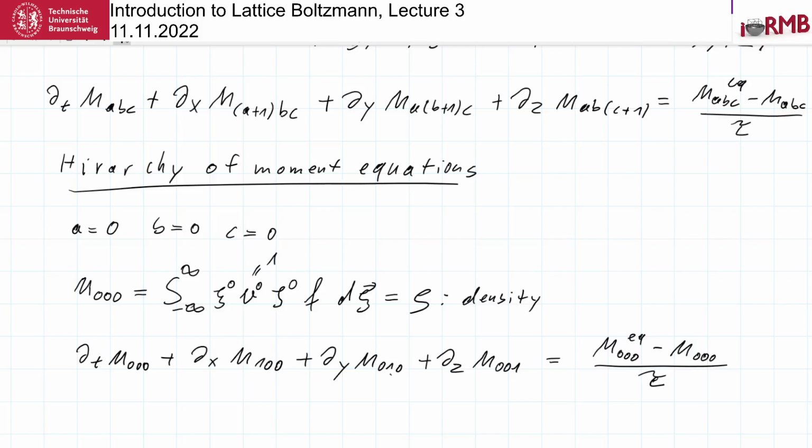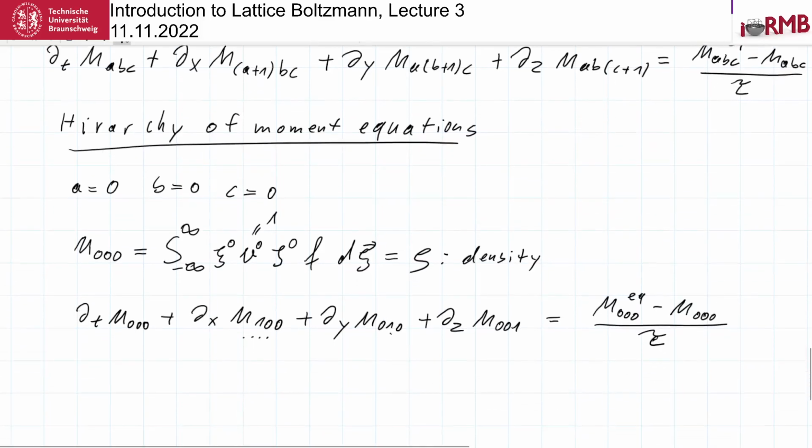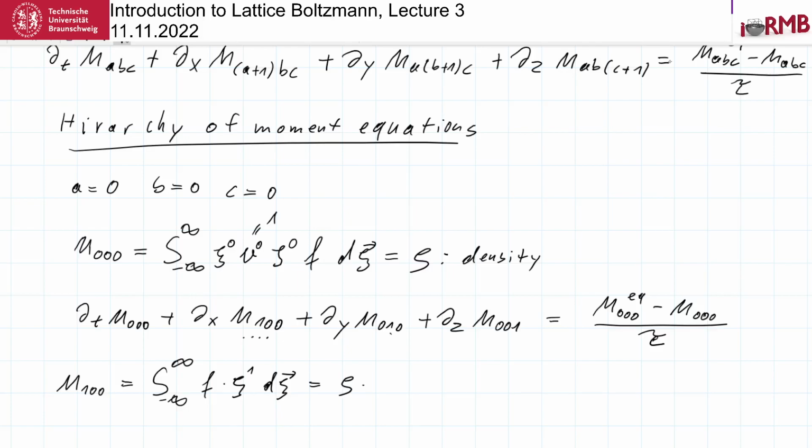Okay, now we have to know what this and this are. m100 is of course the integral from minus infinity to infinity of f multiplied by xi to the power of 1, the others are power 0, therefore they do not appear, integrated over all three velocity directions, and this gives us the density times the macroscopic, so the average velocity in x direction.